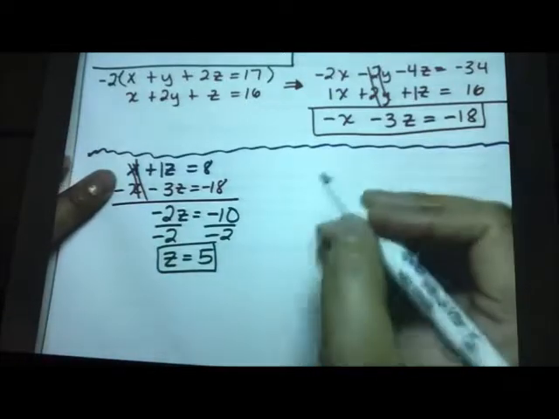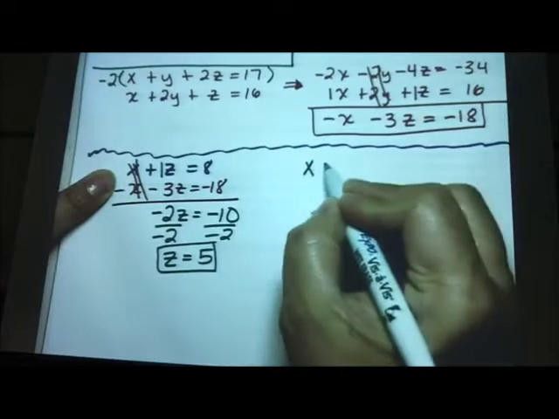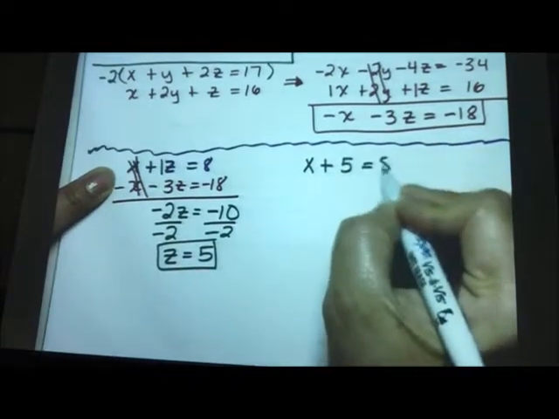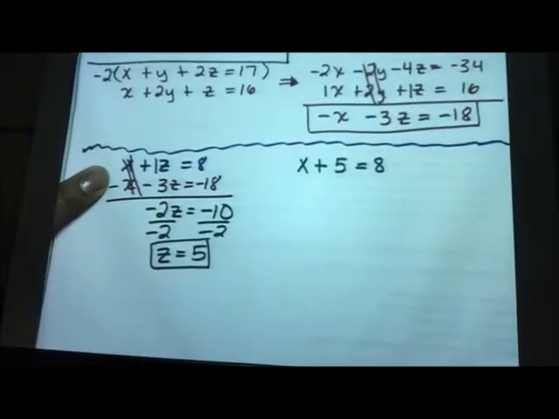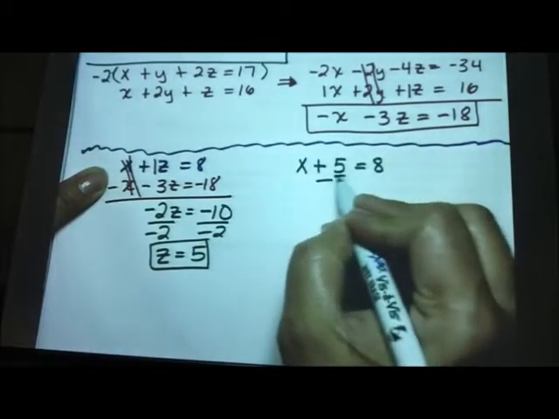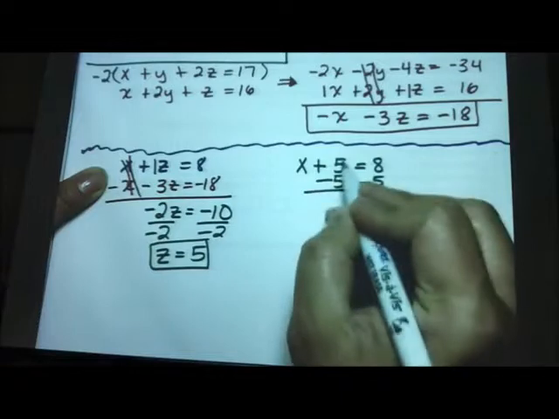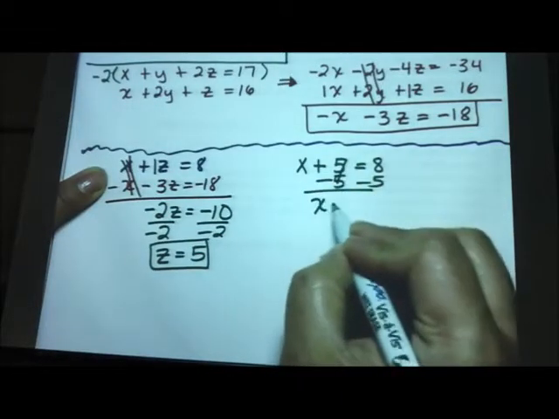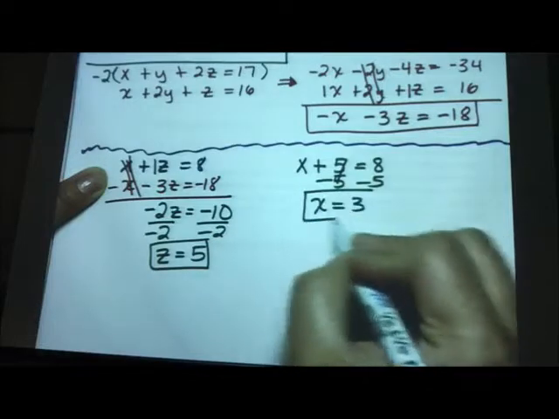So I'm going to use the top equation. X plus z equals 8. So x plus 5 equals 8. We subtract 5, we subtract 5, and I get that x is 3.